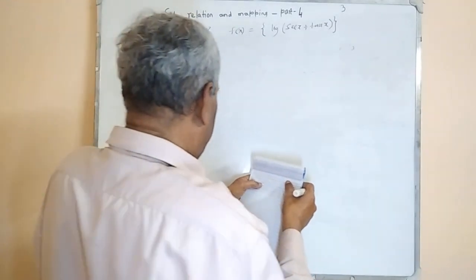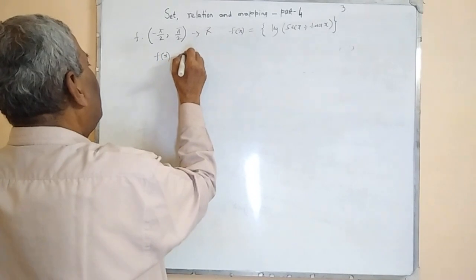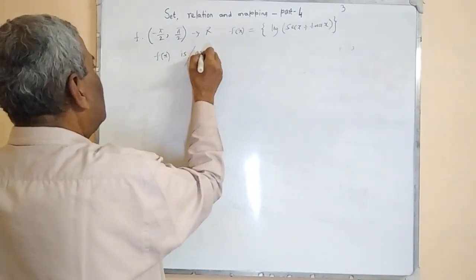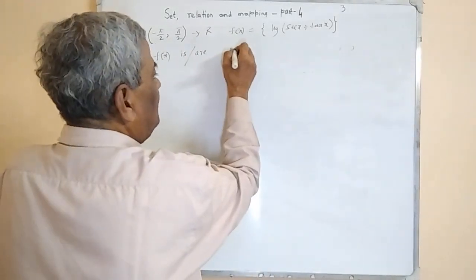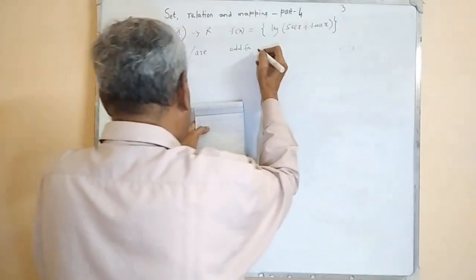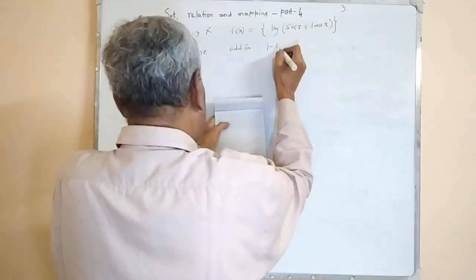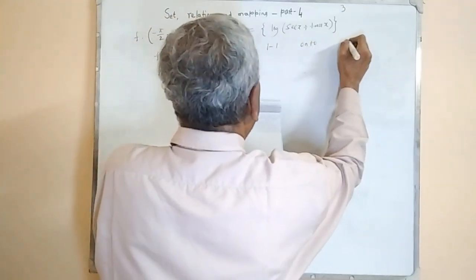Then f(x) is, oblique R, odd function, then one-one, then onto, then even function.